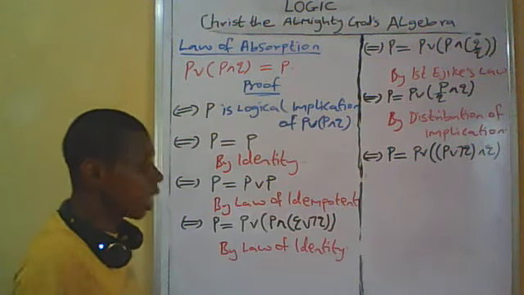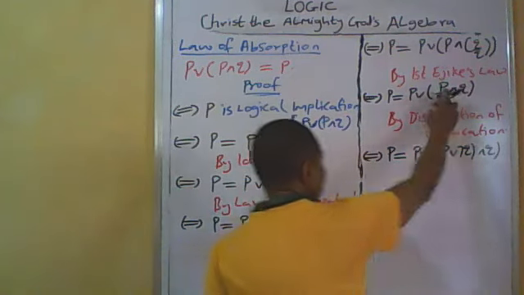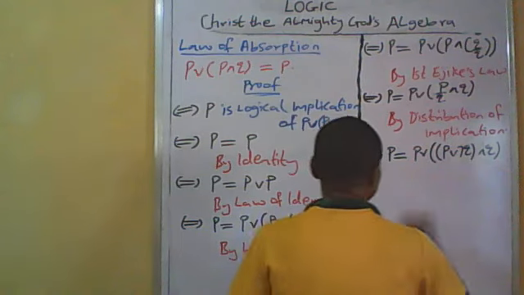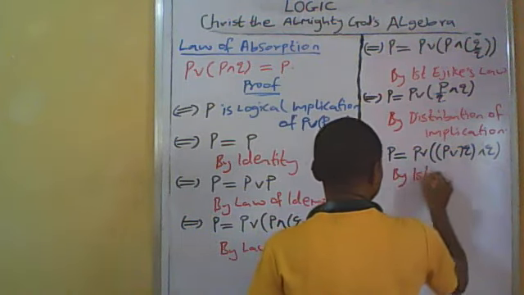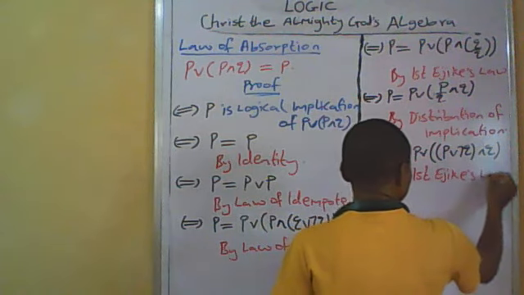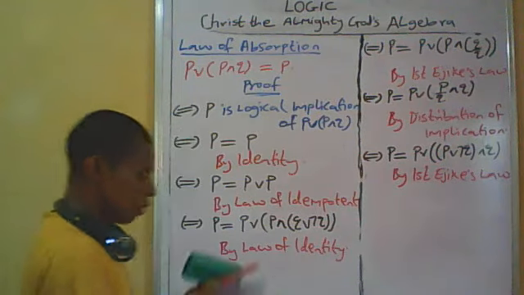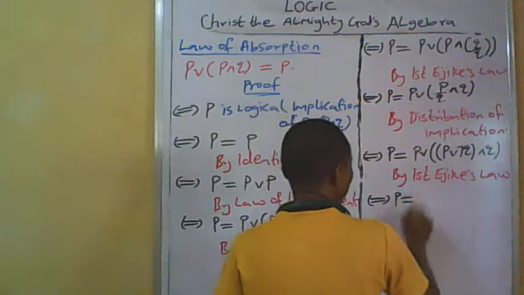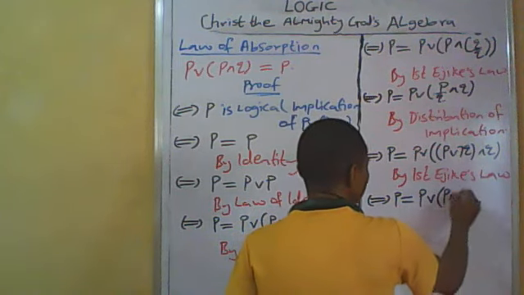So being justified by first case law, it's through the first case law that we transform this conditional statement to a disjunctive statement. If and only if P is equal to P or (P and Q).